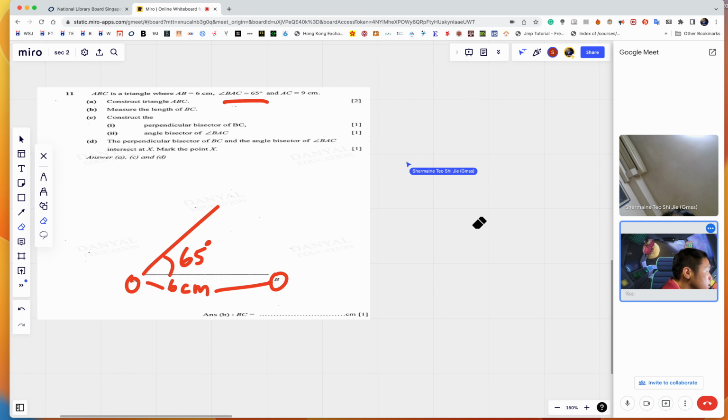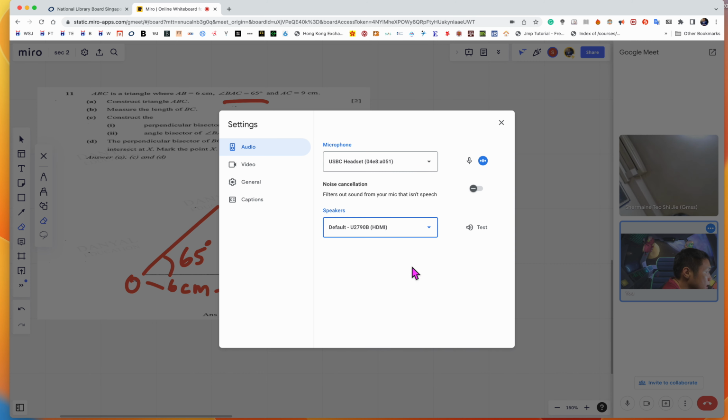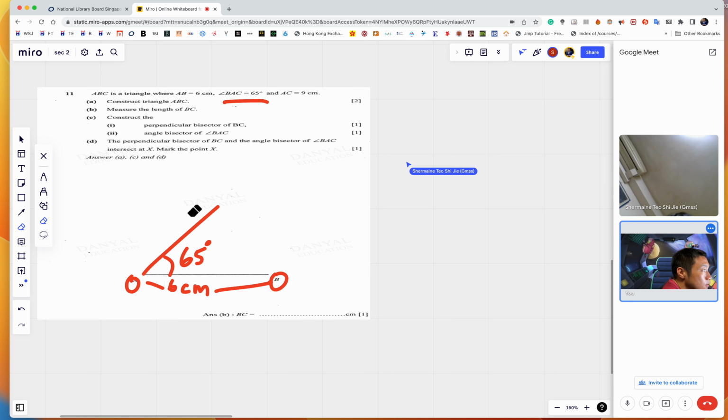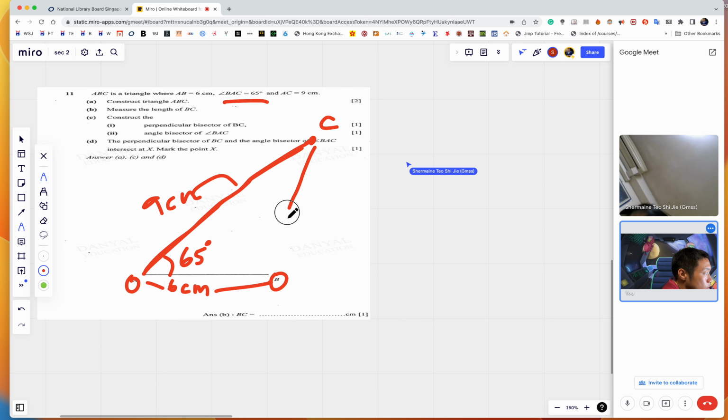Then AC is 9, right? Can you see AC is 9? Yeah. So this one has to be 9. Just use a ruler. Get it to 9 cm. Can or not? Yeah. Then after that, you just join. So this is your C. So just join up.